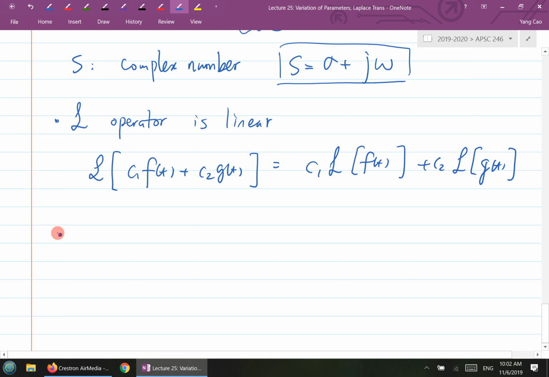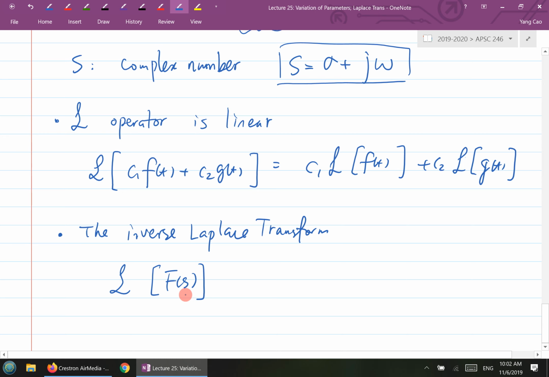And the next one, I'll write it, but you don't have to worry too much. We're not going to actually use this in our lecture. The inverse of a Laplace transform, which means if I have the function F of s, so you already have the transformed function F, and you want to get back to the original time function small f. That's called inverse Laplace transform.